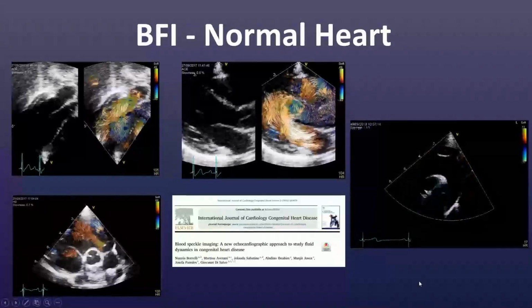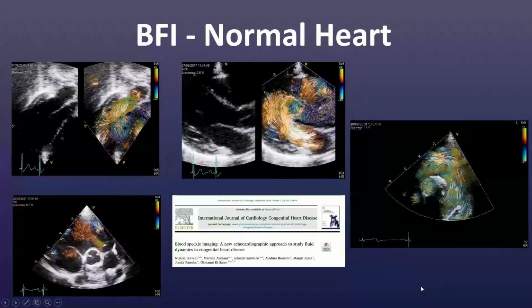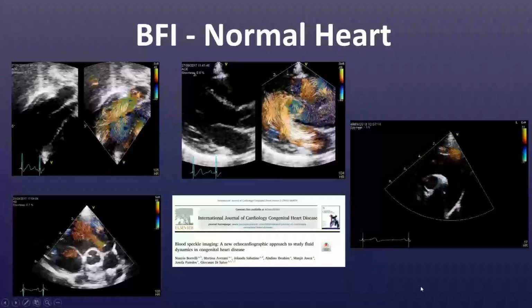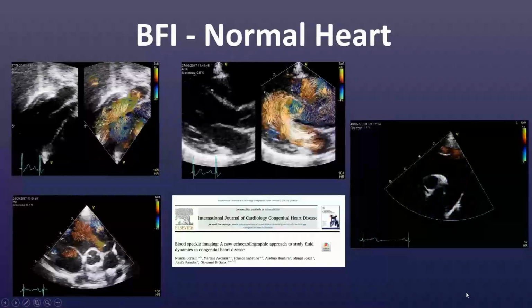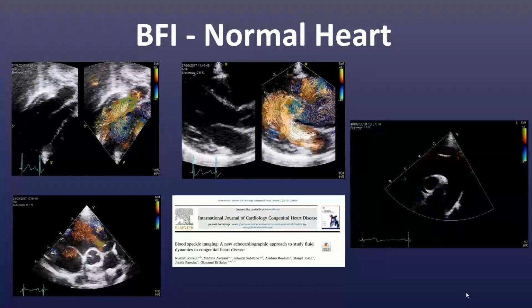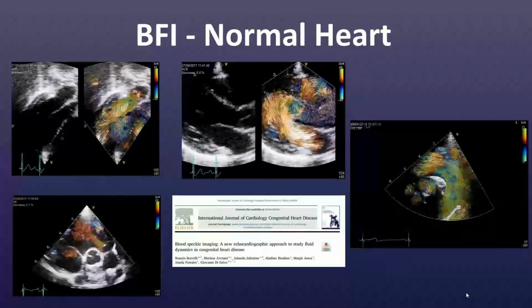Nowadays, we can study blood flow at the bedside of our patient in a very cheap way, without using any contrast agent, without using any color Doppler assumption. Of course, the limit of this technique is that it's not quantitative. At the moment, we only have software that can display patterns, but unfortunately, we don't have quantitative software yet, so we cannot measure size of vortex, duration of vortex, and parameters like this.